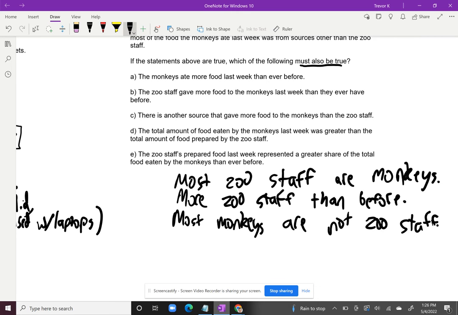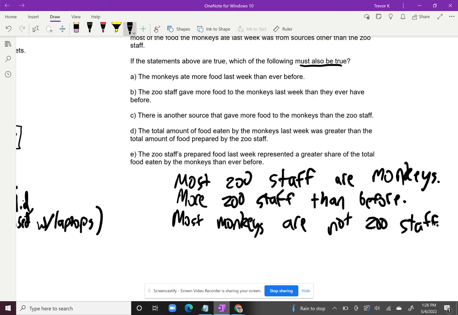So something we can say is maybe something like, the amount of food that the zoo staff prepares is a small part of what the monkeys eat, even for the entire zoo.